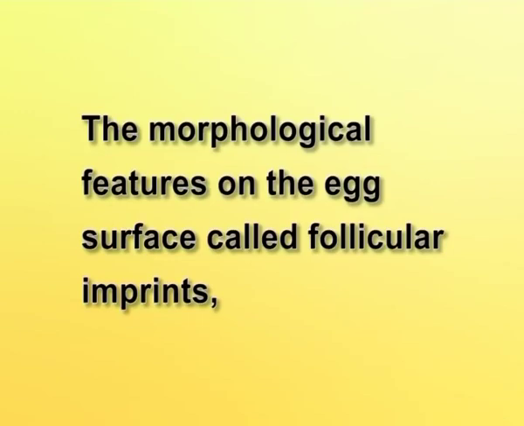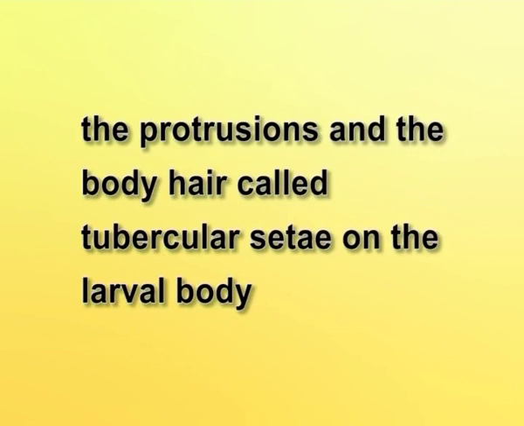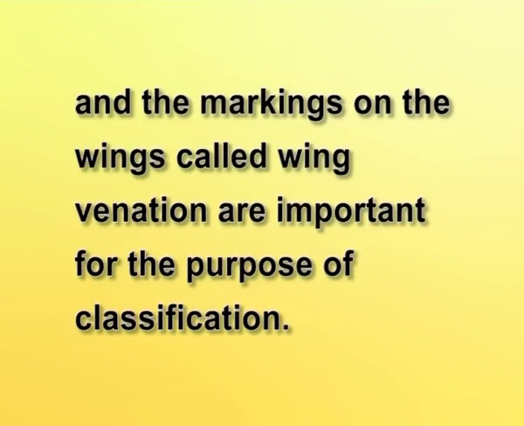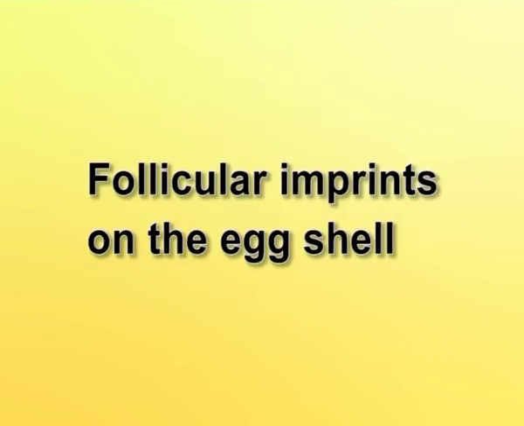The morphological features on the egg surface, called follicular imprints, the protrusions and body hair called tubercular setae on the larval body, and the markings on the wings called wing venation are important for the purpose of classification. Follicular imprints on the eggshell.